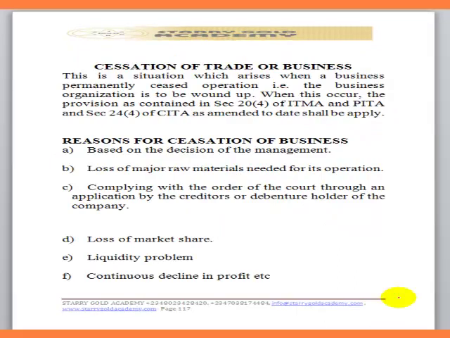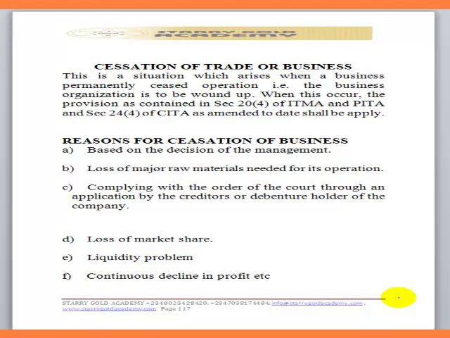So the third aspect of basis period that we'll be looking at is cessation, that's cessation of business or trade. We have identified 3 situations in which a business can be assessed under an abnormal basis period.